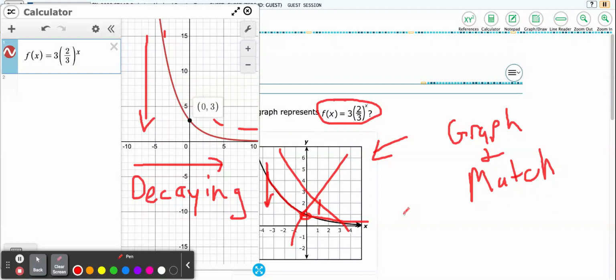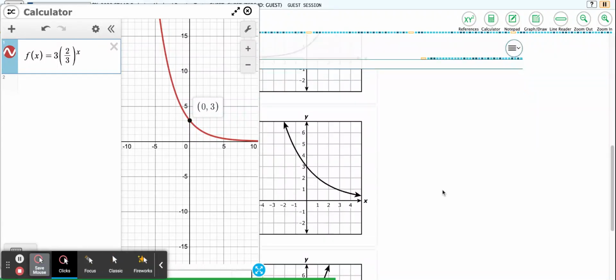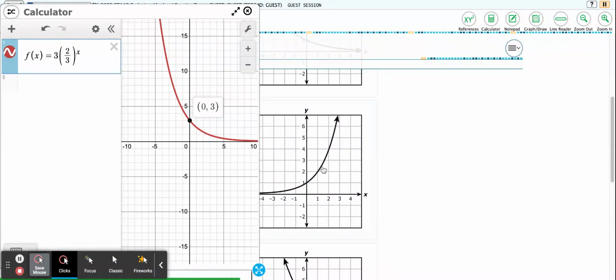So then I need to go on to my next answer choice. Let me clear. Okay, and so I'm going to page up. I know that this is not my answer choice because it's increasing, and that doesn't match my graph at all. And it also crosses at 1. So that one is out.